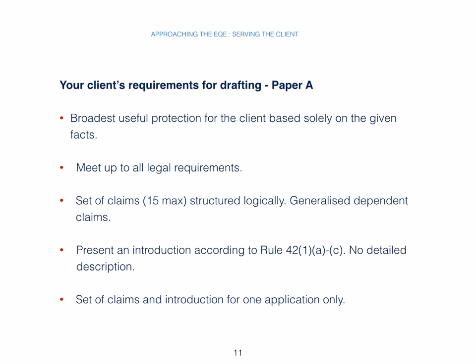Lastly, you are expected to provide a set of claims and an introduction for one patent application only. Although you have the possibility to suggest separate claims for a different aspect, this is often ruled out by the facts of the case, by the client of the day, and in recent exams, filing or proposing a second application has never been appropriate. Now, what comments can we make about these requirements for paper A?